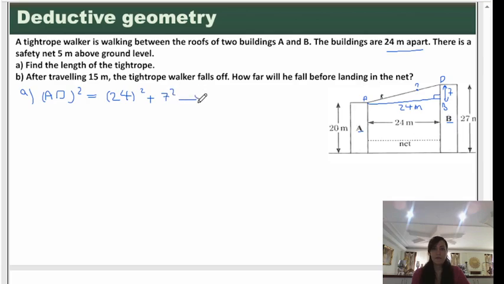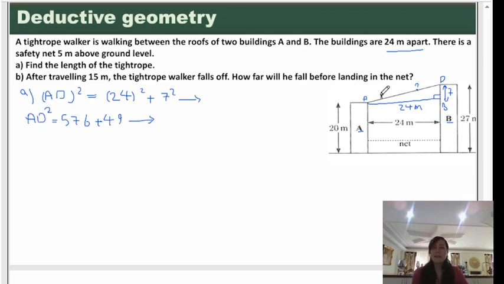So I will have AD squared equals 24 to the power of 2, which gives me 576, plus 7 to the power of 2, which gives me 49. That is AD squared.